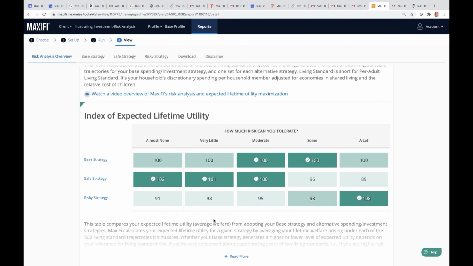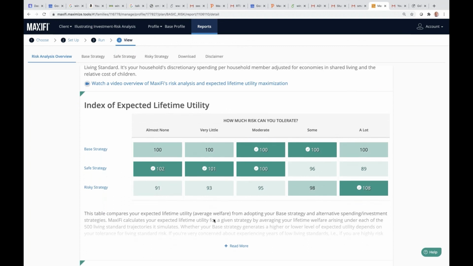And this expected lifetime happiness measure, which is the standard measurement of happiness that economists use, can help guide you. So let me stop there, Alex, and ask you to hit me with some questions, okay?